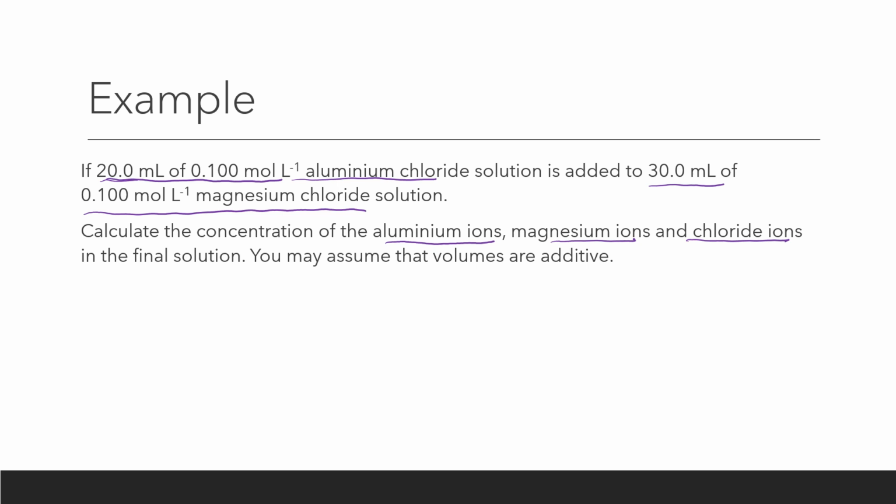Now, the key point that you need to know is concentrations are not additive. So you can't just add 0.1 for aluminium chloride to 0.1 for magnesium chloride to work out the concentration of the chloride ions.